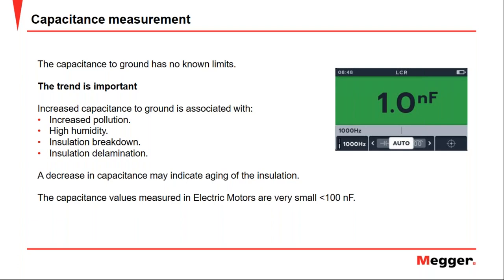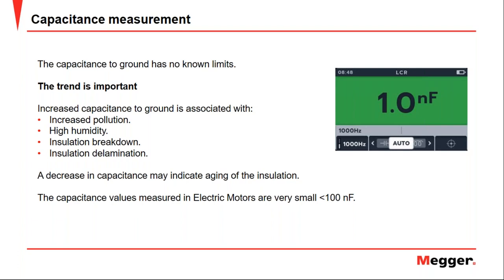Again, the important thing here is that electric motors have a big inductive effect. Therefore, their capacitive effect is very small. So the equipment used to measure capacitance must be able to read very low values, because in motors, capacitance is generally less than 100 nanofarads.